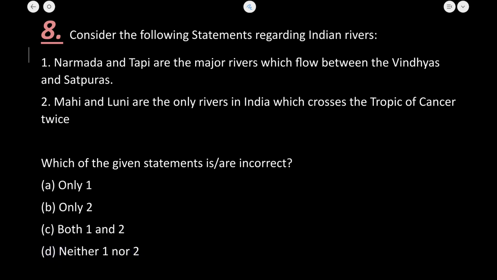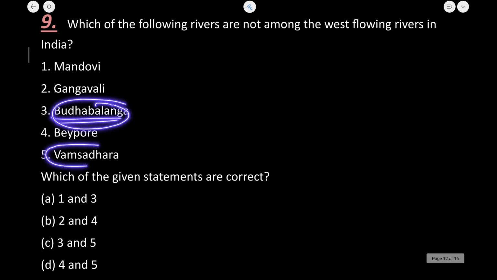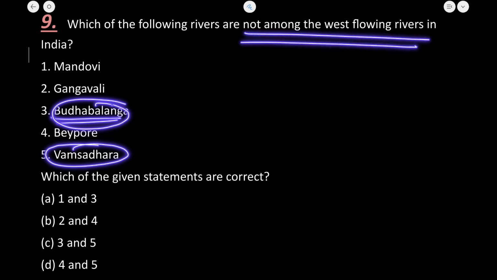Let us now move to the next question, where we have to identify some of the west flowing rivers in India. The correct option here is a very complex type of question. You just need to know that Budha Balanga and Vamsadhara are not among the west flowing rivers.